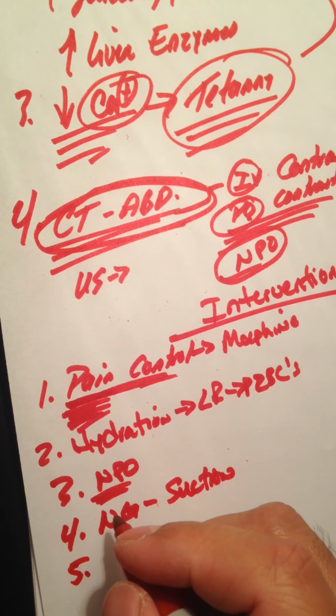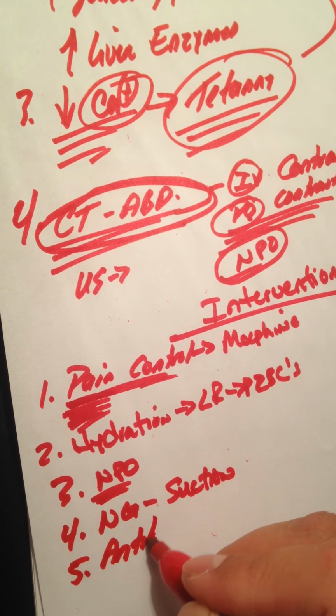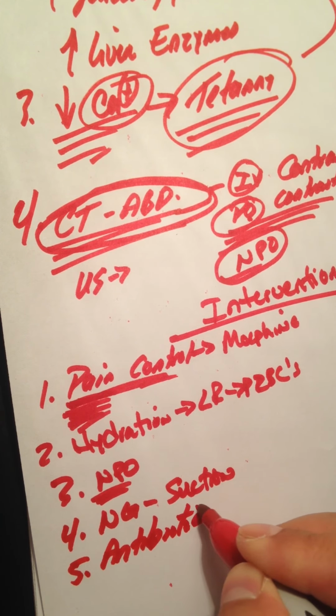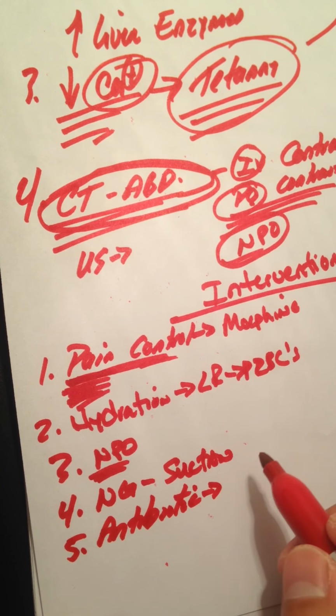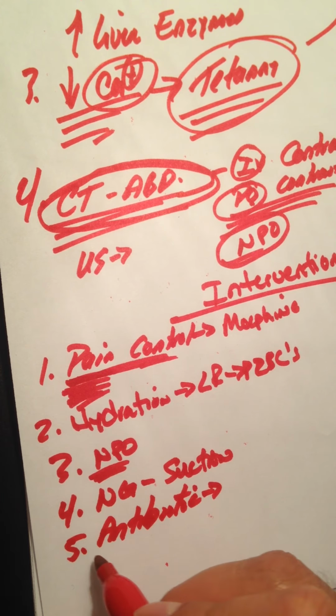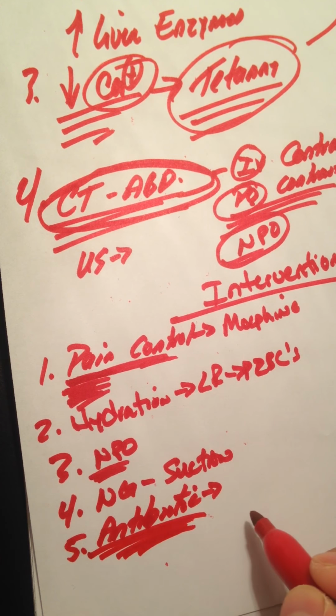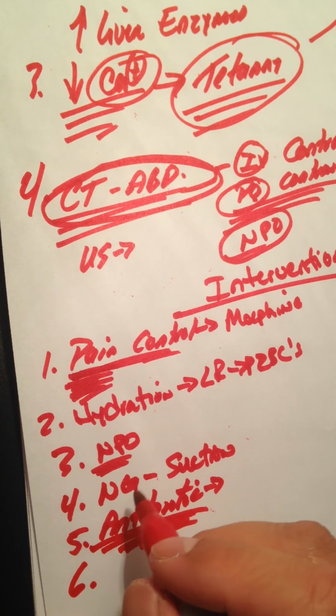Number 5, you'd want to do some antibiotic therapy. Again, this will be determined by the physician, because the pancreas has a likelihood of becoming infected, so the antibiotic therapy may be prophylactic. Number 6.